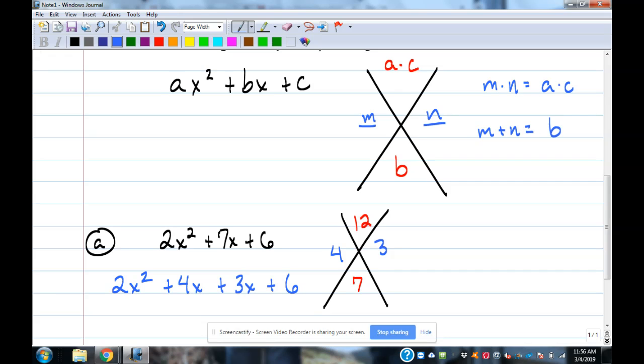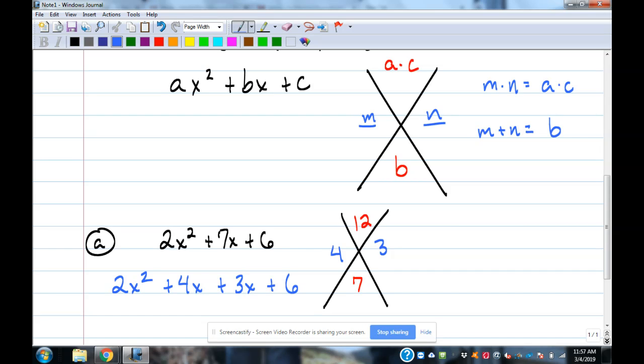Doesn't this still equal 7 if we added those 2 back together? Yeah. So this blue problem is exactly the same as this. It just looks different. It's longer. And it's got 4 pieces in it, which allows us to then use grouping to factor.